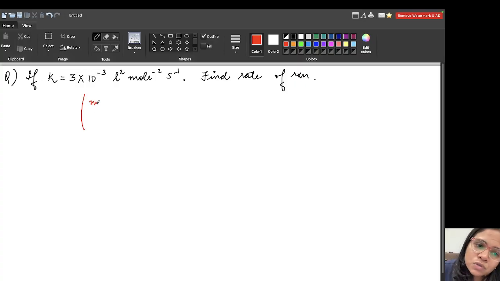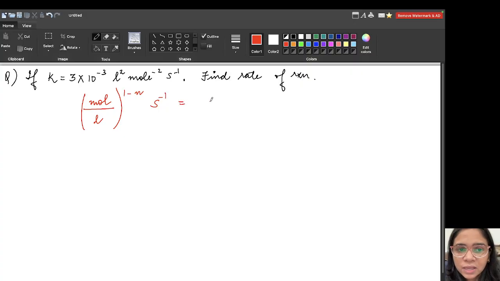See how we used to find the unit: moles per liter to the power 1 minus n, second inverse, right? And what unit is given to us? L squared mole minus 2 second inverse.